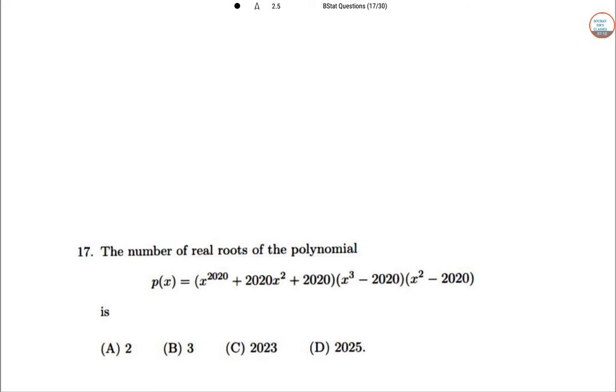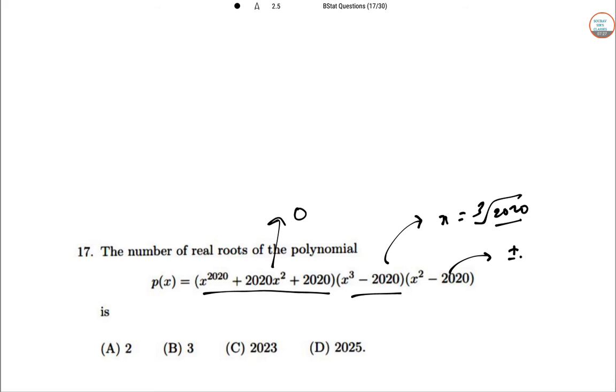First of all, if we see this equation, this term has 0 real roots. This x minus 2020 has 1 real root. This has also 1, no, this has 2, because the power is even. So obviously the total number of real roots is 0 plus 1 plus 2, hence 3.